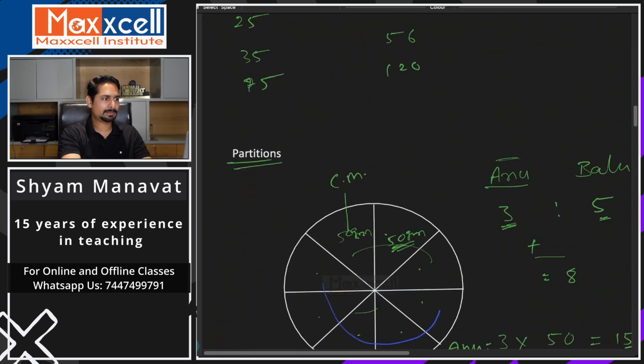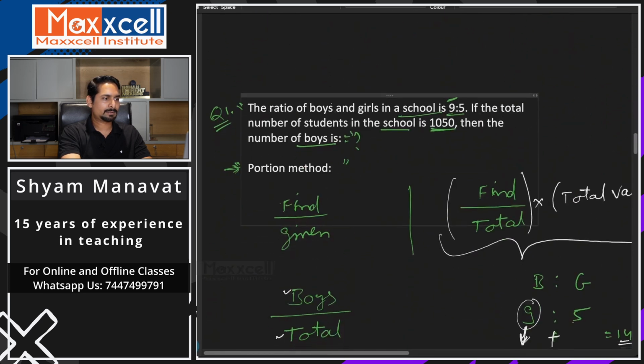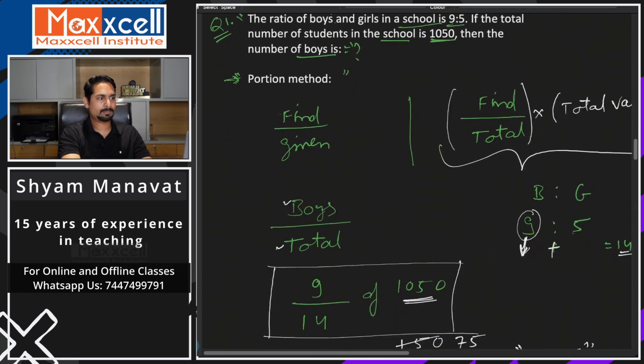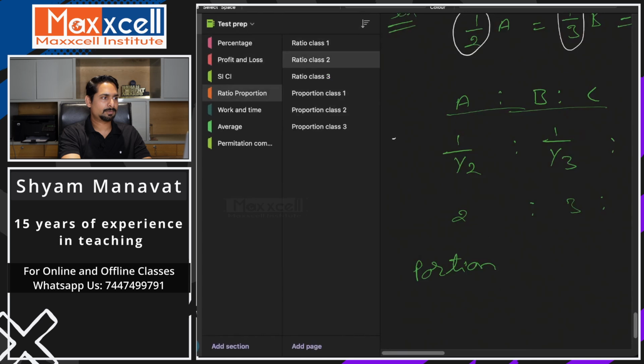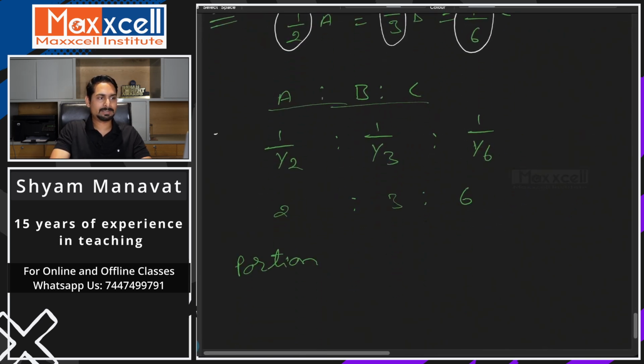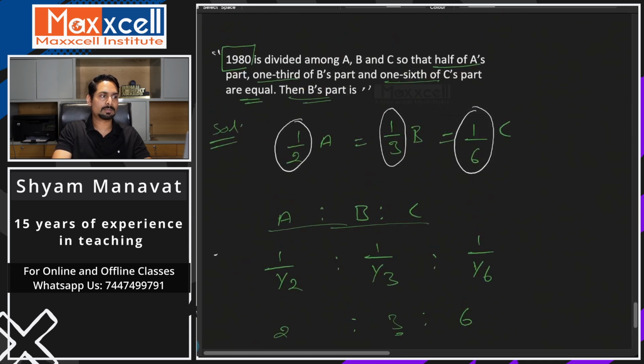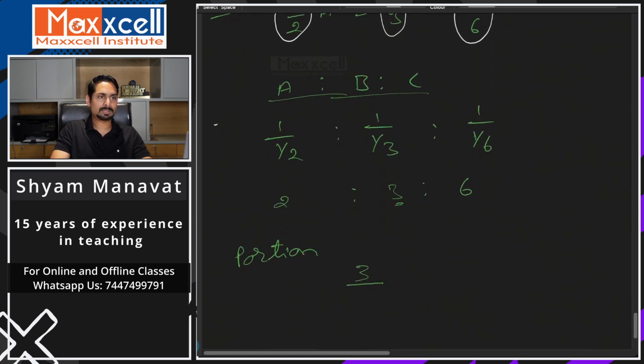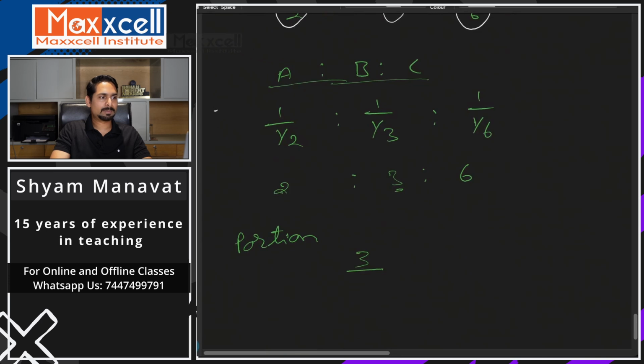Units equal, partitions. Find by given. What do we need to find? B's part. What is B's ratio? 3. What is given to us? Total. What is the total's ratio? 2 plus 3 plus 6.